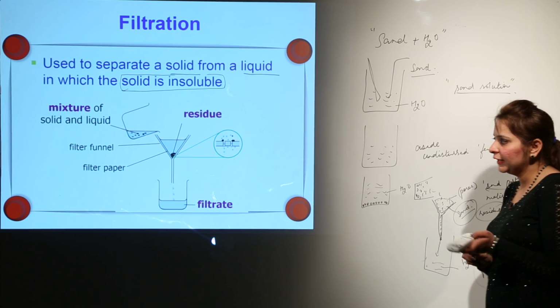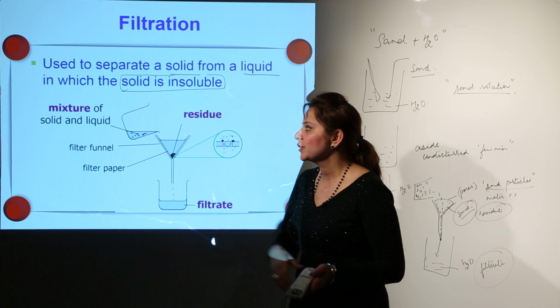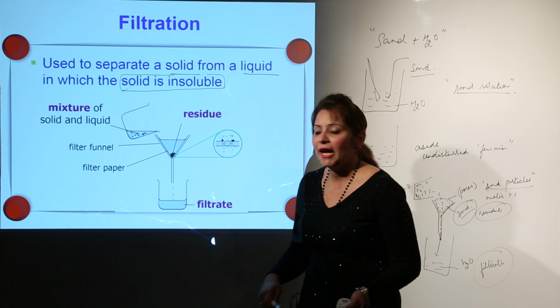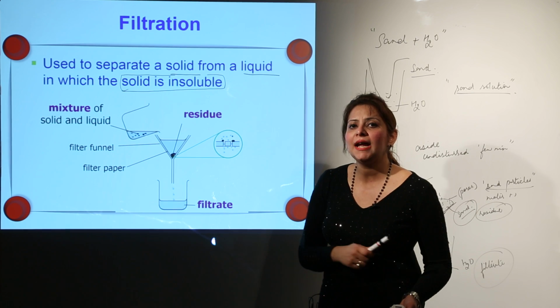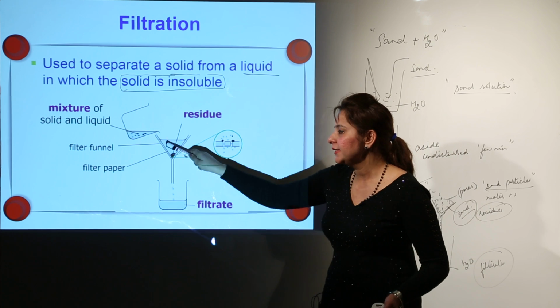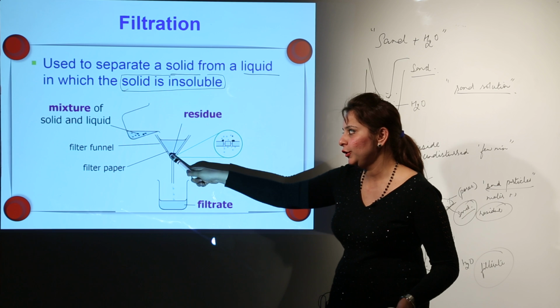So again I am doing it for you from this picture. You can see a beaker which contains water, or any liquid with a solid, and the property is that the solid does not have a tendency to dissolve, right? This is a funnel containing a filter paper, and there is a clean beaker. We are pouring this solution into it.